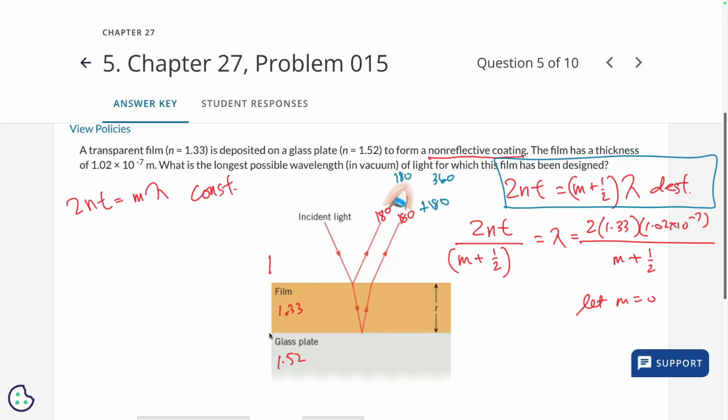No, it depends on the situation, because I could have a situation of 1.33, 1.33. Okay, the light comes in. What's that phase shift? 0. Okay, what's this phase shift? 180.